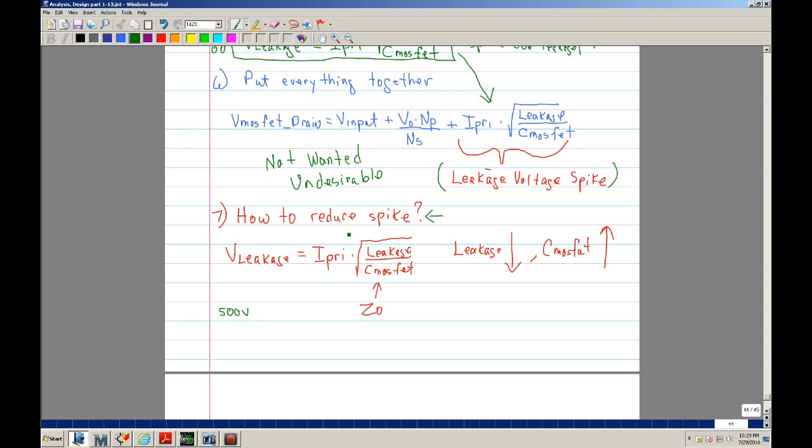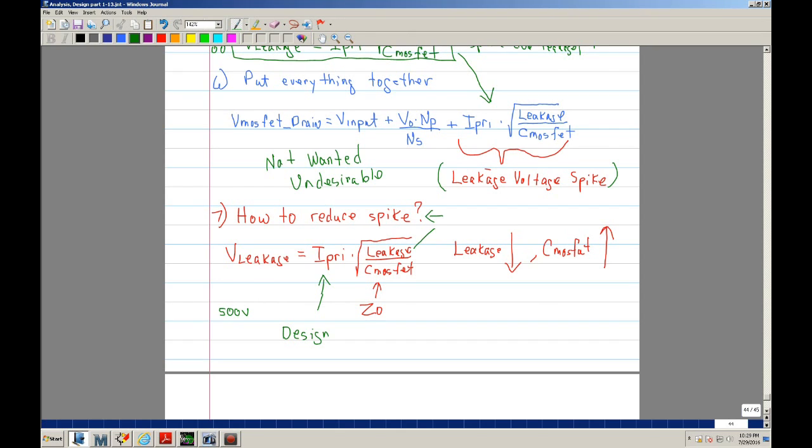So what can we do? Well, we can take a look at the equation that defines the leakage. We can reduce your primary current, but that is set by your design. So typically you can't change your current going through the primary. But you have a little bit of control over these.